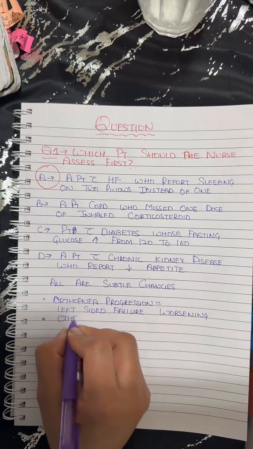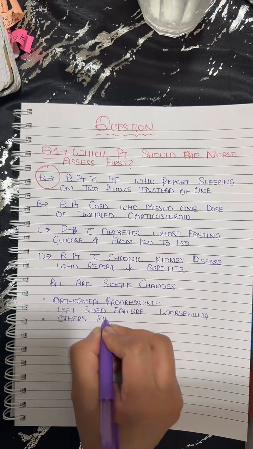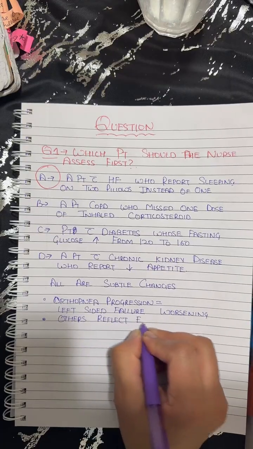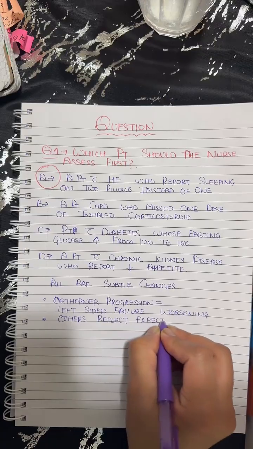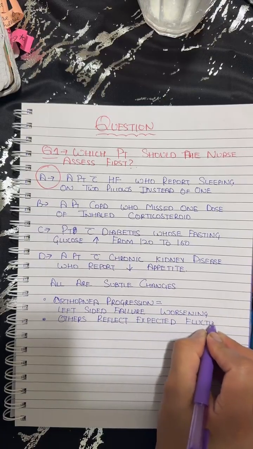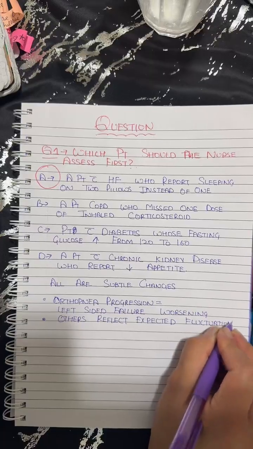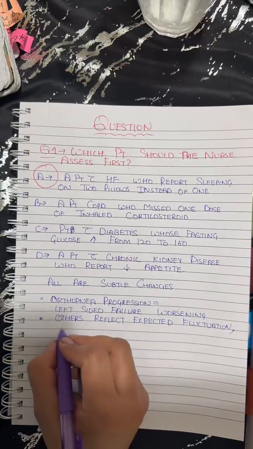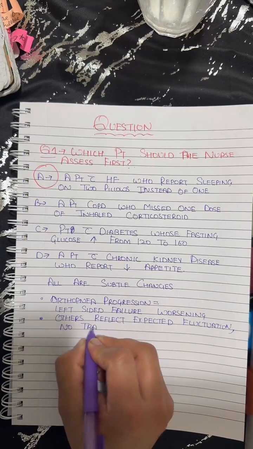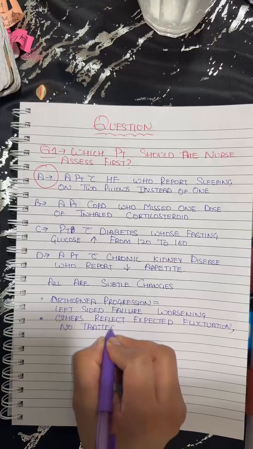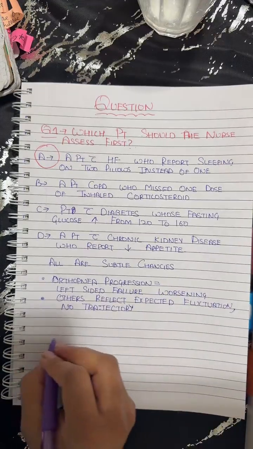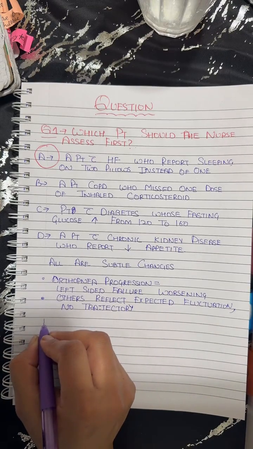So the others reflect expected fluctuation, not trajectory. So what is the rule here?